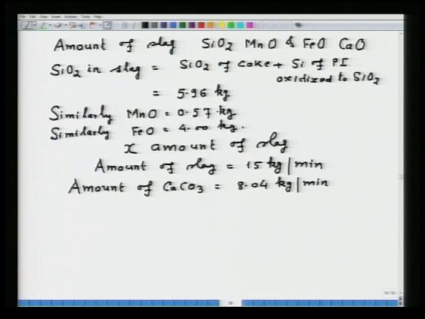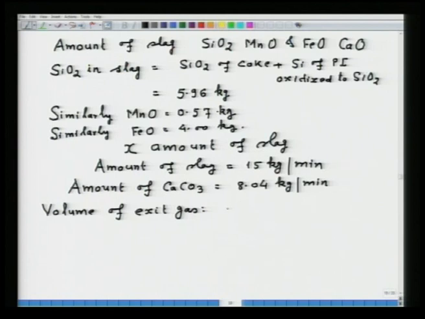Now, we are also not given what is the volume of exit gas. So, we have to calculate now the volume of exit gas. Now, we adopt the same procedure as we adopted in the earlier problem.